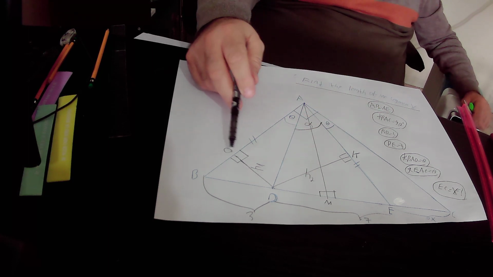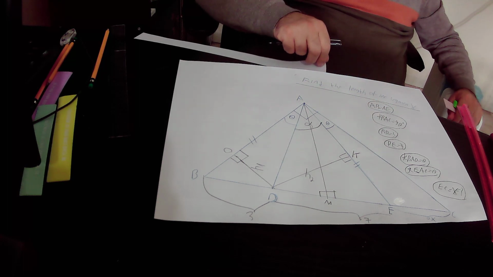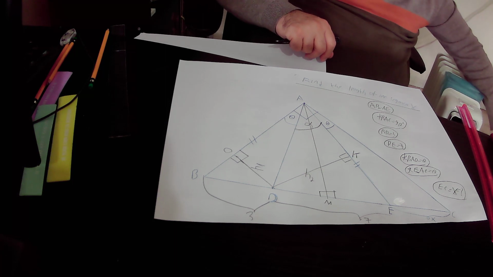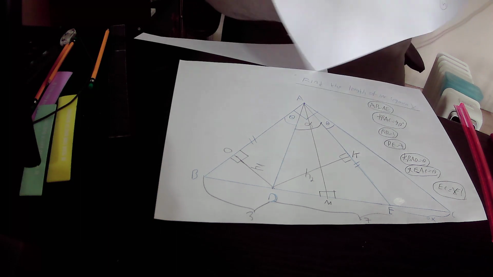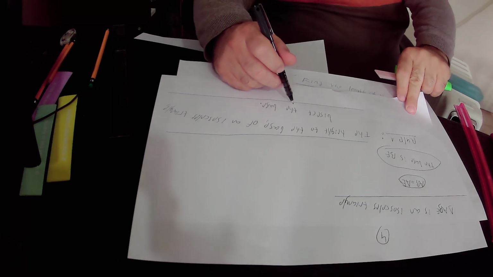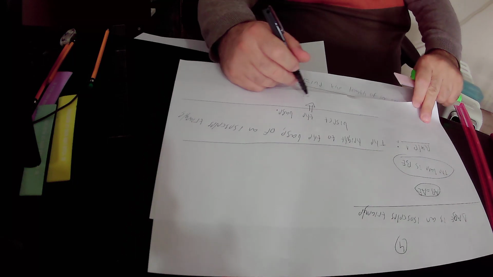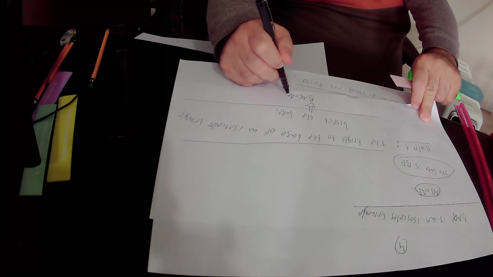That is to say, BM equals ME according to rule number 1. I will write it down, that according to rule number 1, we will conclude that BM is equal to ME.